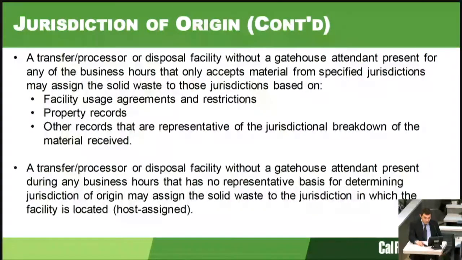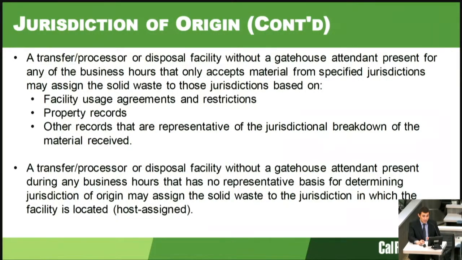So you can estimate the percentage allocation based on facility usage agreements and restrictions, property records, or other records that would be representative of the jurisdictional breakdown of the material received. If you want to allocate it in that way for that kind of facility without the gatehouse attendant present that only accepts material from specified jurisdictions, you have some leeway as far as how you want to go about estimating the percent allocation for the jurisdiction of origin.